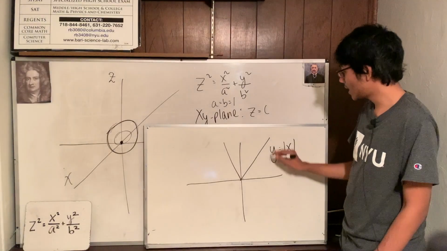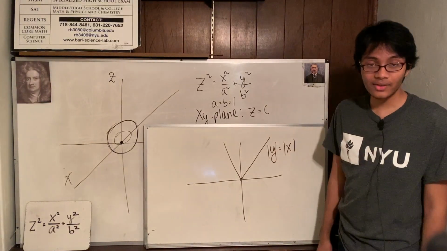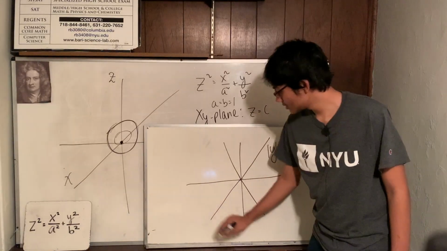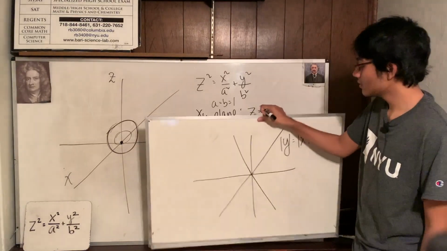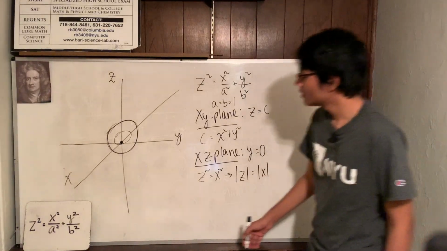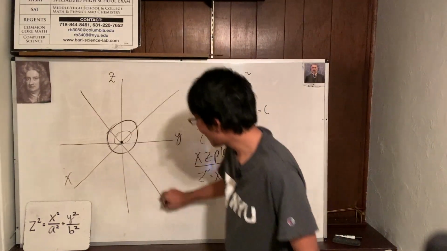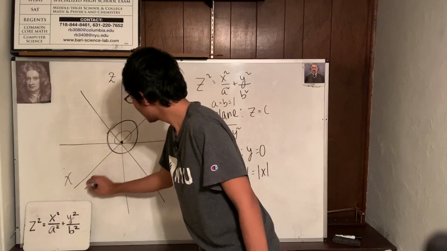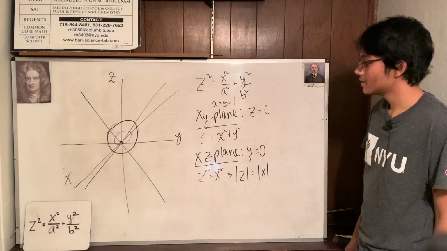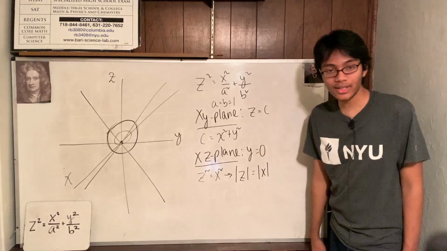And of course, if we have the absolute value of y equals the absolute value of x, we'll have something that looks like this. Now you just switch up the variables. Instead of x and y, you have x and z. So you kind of draw these x's. So that right there is our cross section on the xz plane.